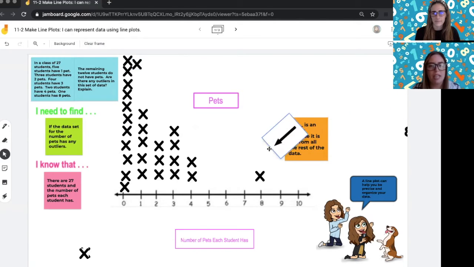And in my opinion, 8 is an outlier because 8 is not close to 4, and it has one piece of data there, and it's further away from the rest of the data. So 8 is an outlier. Okay, so we have 8 as an outlier because it is far from all of the rest of the data. Correct. Great job.